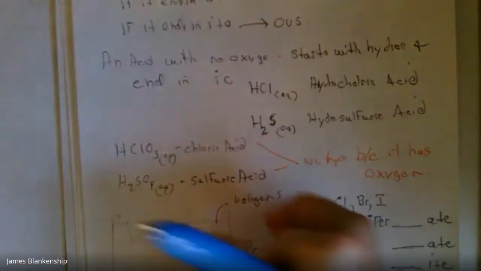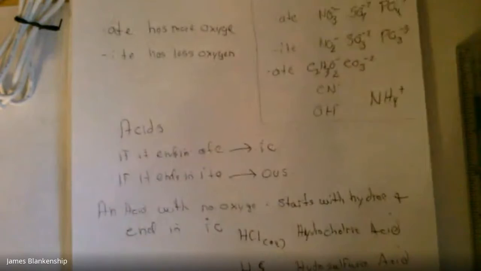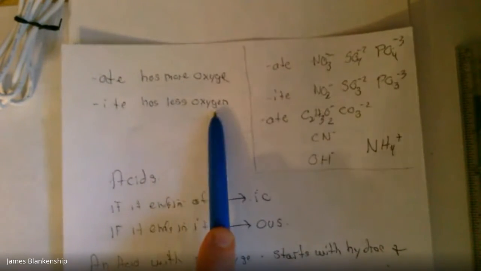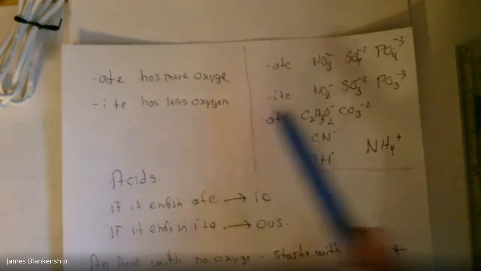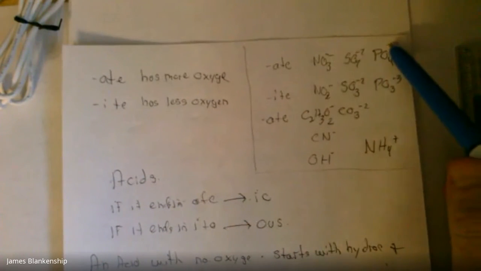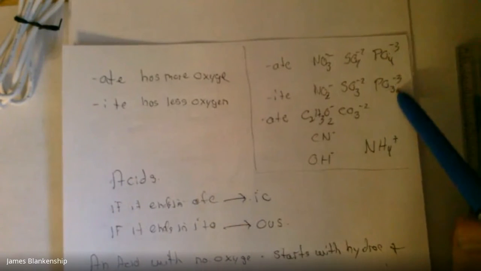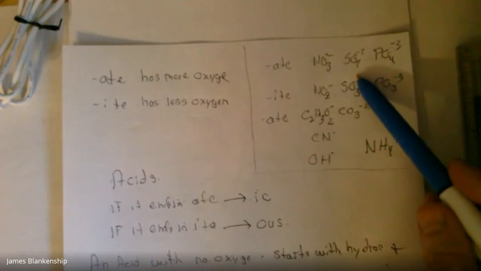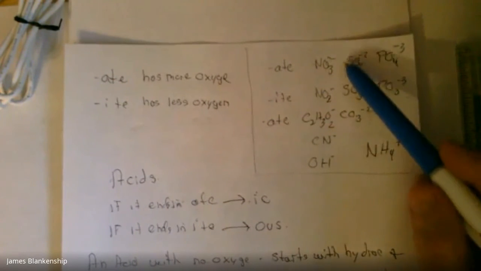We then finished up talking about our polyatomic ions. We have ate, which has more oxygen, and ite, which has less oxygen. When you're first starting on naming these, I'd recommend writing this kind of pattern down. PO4 -3, PO3 -3. Then all your -2s, which are SO4, SO3, CO3.